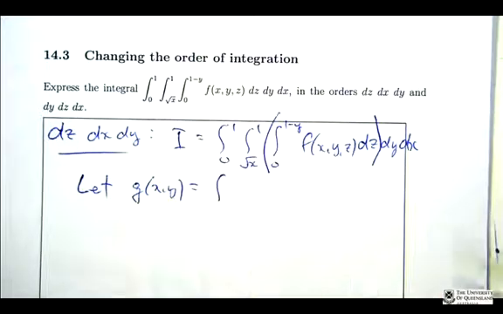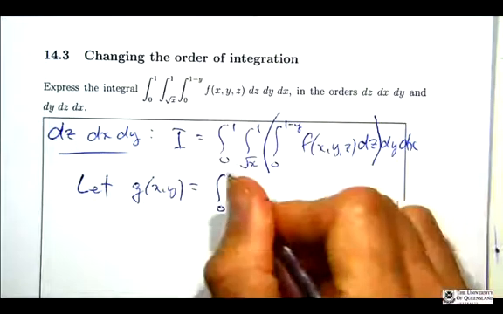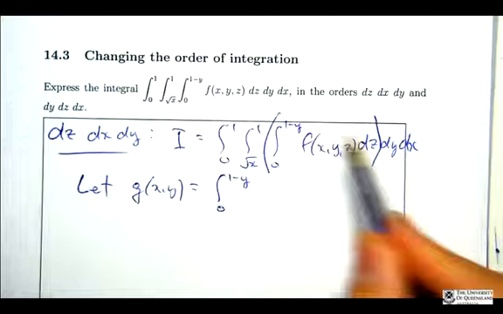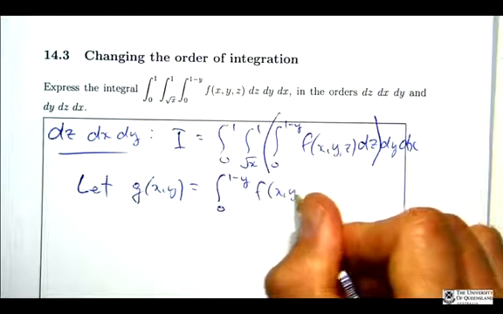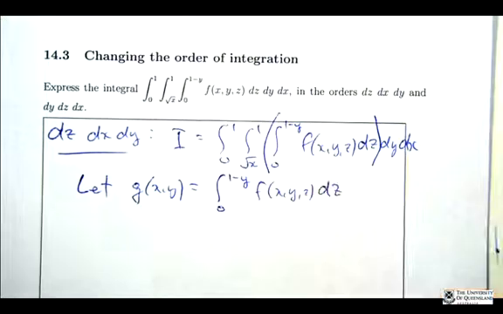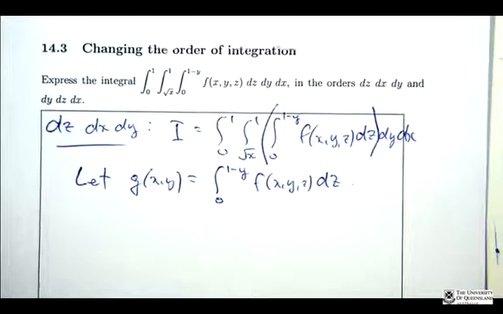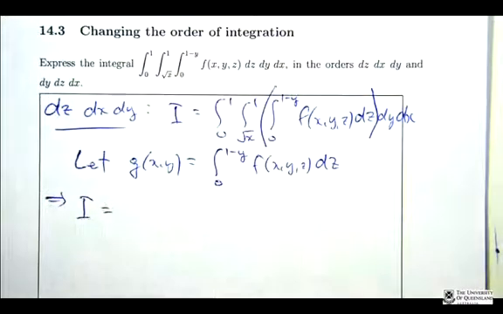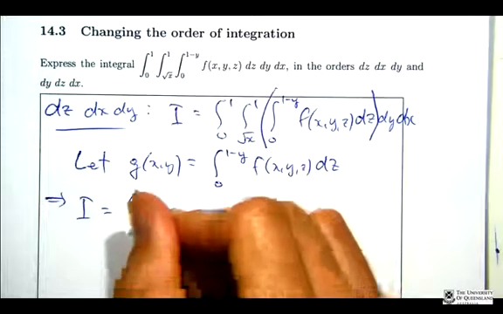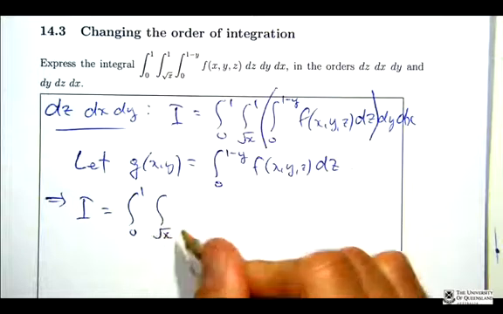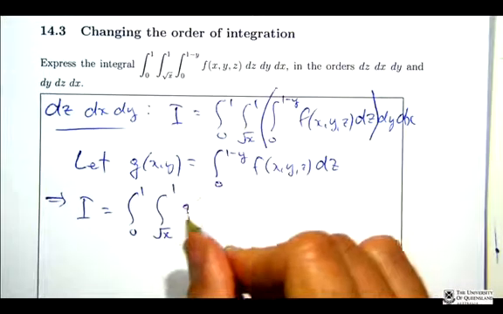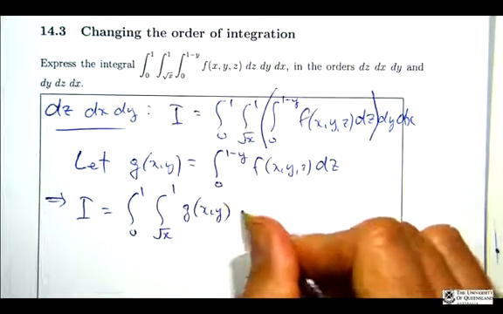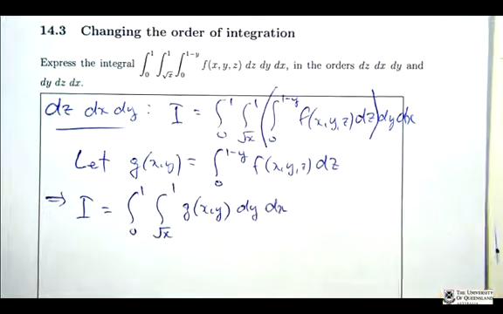So we'll let g of x and y be this function, integral from 0 to 1 minus y of f of x, y, and z, partially with respect to z. All right? So that's going to evaluate to a function of x and y, and then that implies that the integral is then just this iterated integral of the function g of x and y dy dx.